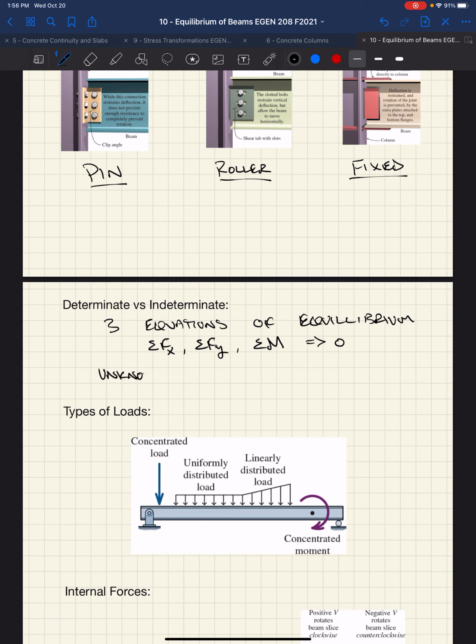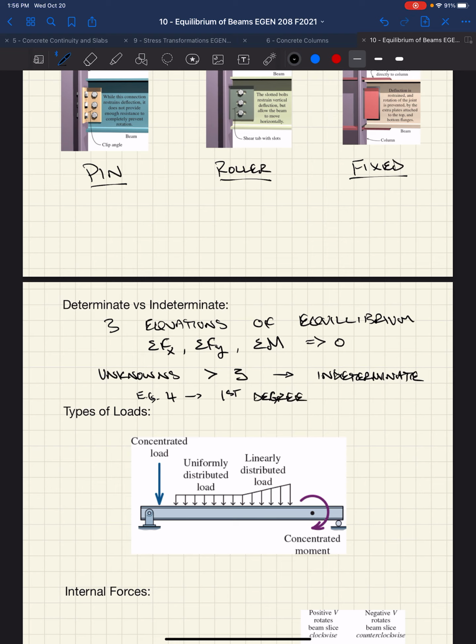Well, we know the basis that if our unknowns are greater than 3, it's indeterminate, right? For example, if we have 4, that's first degree indeterminate, right?